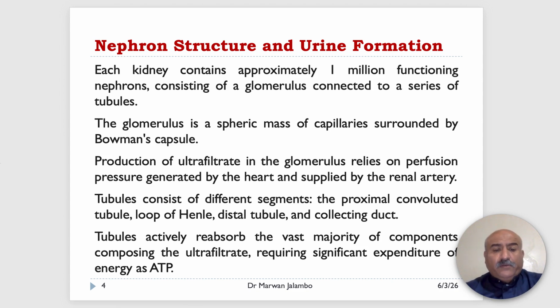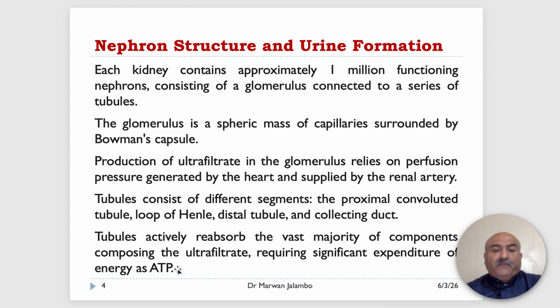The glomerulus is a spherical mass of capillaries surrounded by Bowman's capsule. It produces the ultrafiltrate purely through passive perfusion pressure generated by the heart.